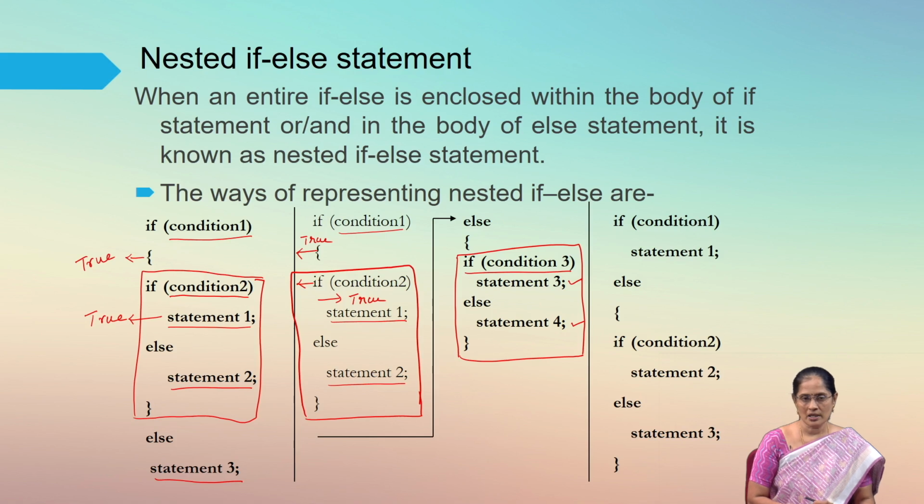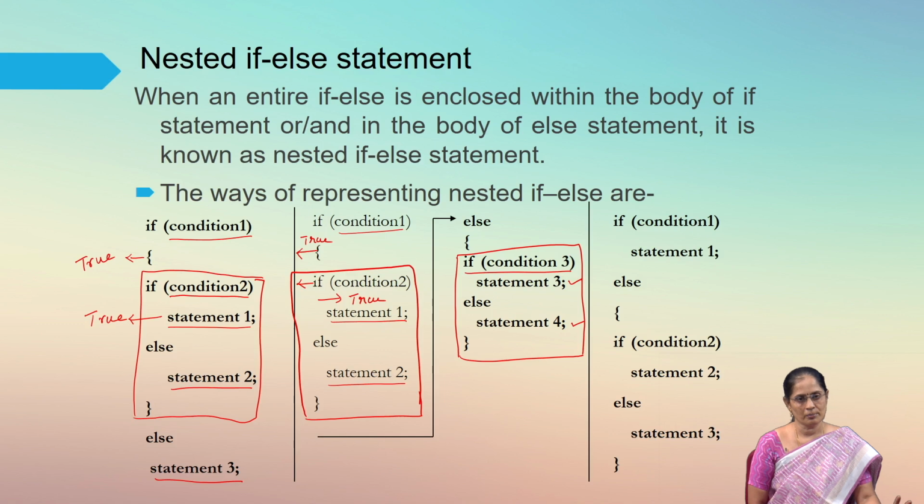In the first case, what we have seen, the if else statement is enclosed only within the if block whose condition becomes true. If condition 1 is true, we have enclosed an if else block, whereas if condition 1 fails, we are not including another if statement, we can just go ahead with any general statement.